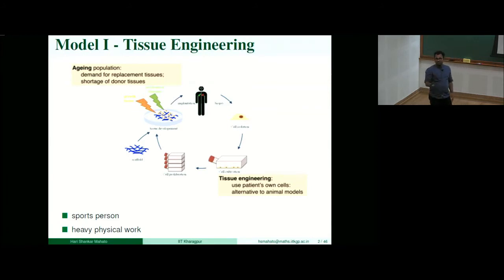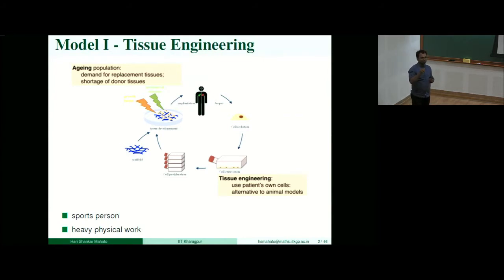Sometimes that gets damaged, and in some situations you have to cut out the damaged tissues and replace them either with tissues from your own body, or from a donor. And nowadays, people are also trying to do in vitro tissue replacement.